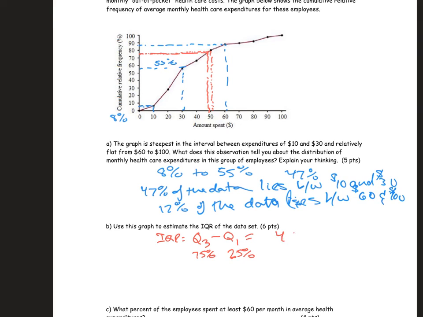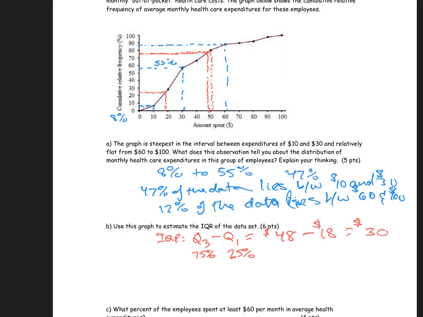So $48 minus, let's go to 25%, minus maybe about 18. Oh, that makes it nice. So 48 minus 18, the IQR seems to be about $30.